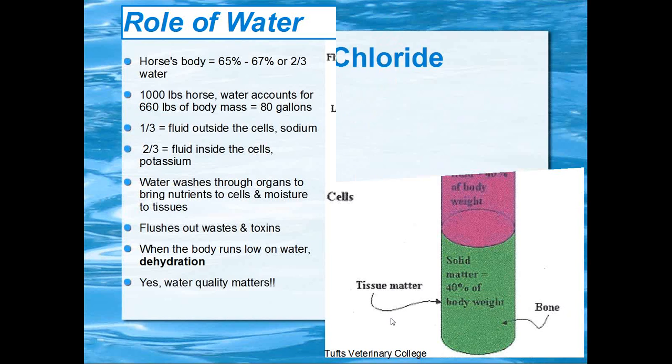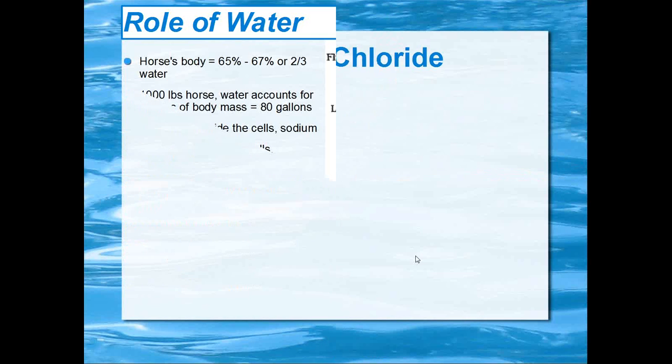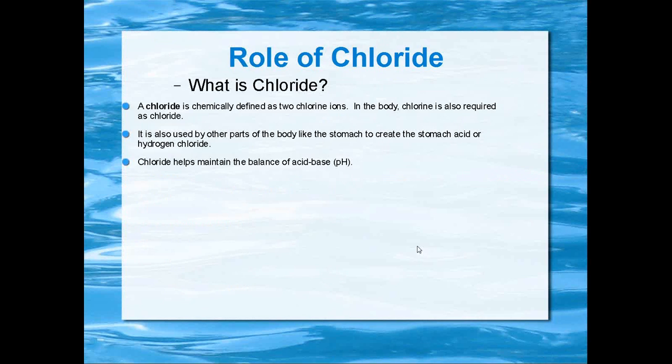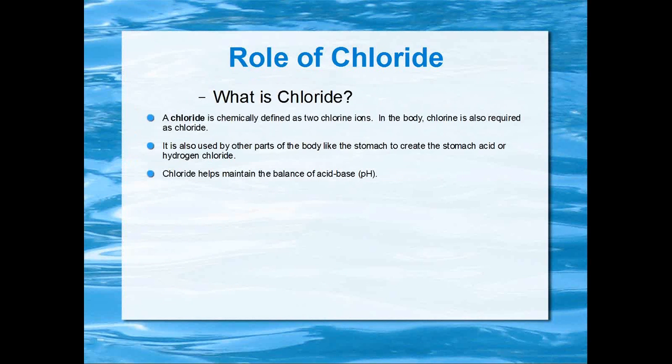So we're going to talk about one of our first electrolytes here, which is chloride. And chloride is chemically defined as 2 chlorine ions, so that would be a molecule if you're looking at it. But the body uses chlorine and is required as a chloride. So no, we're not saying here that chlorinated water is a plus.